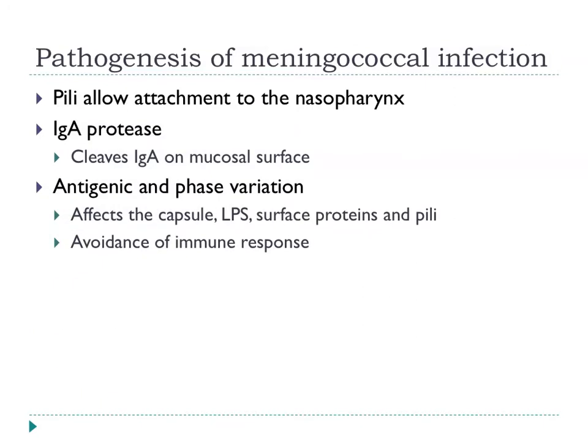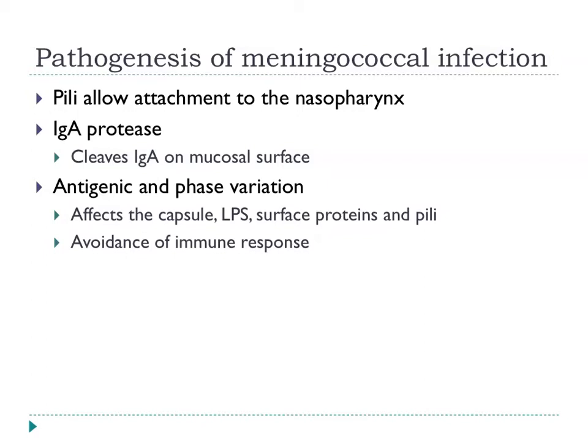So it has these pili, which allow it to attach to the nasopharynx. It has a specific protease, an IgA protease, which cleaves the particular kind of immunoglobulin that you see in body secretions, in saliva and so forth, and it cleaves that on the mucosal surface. Another key feature of the pathogenesis of meningococcal infection is the ability of this organism to change its coat, if you like.